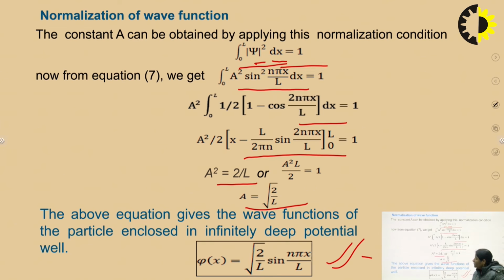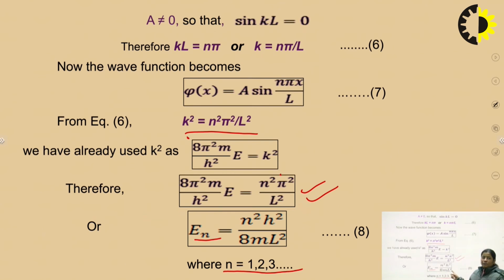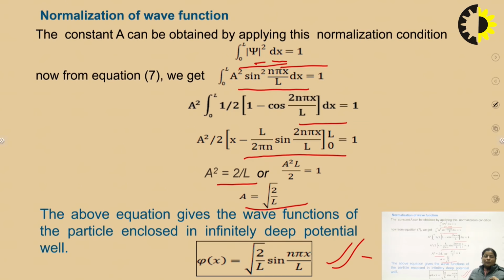So this is how, when we use the Schrodinger equation for any problem, we evaluate the wave function and the energy values. These are the main results we obtain when we apply the Schrodinger equation to any problem.